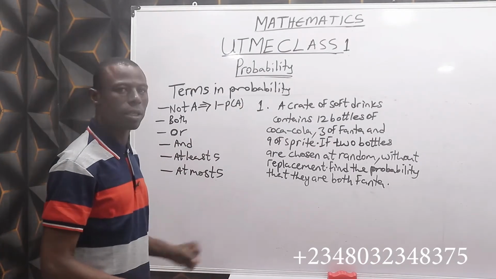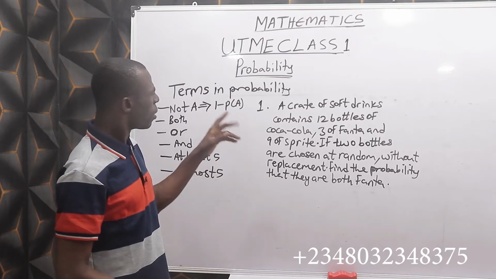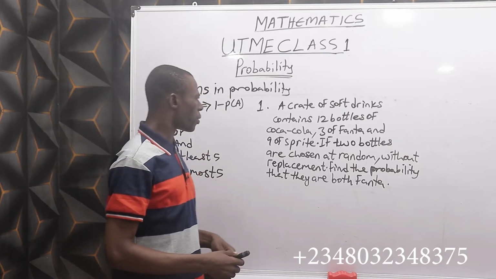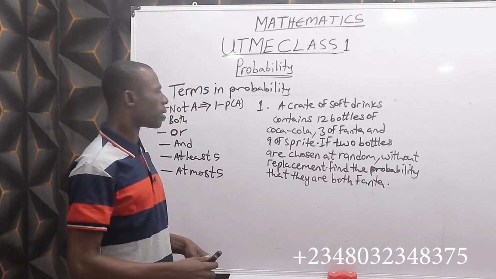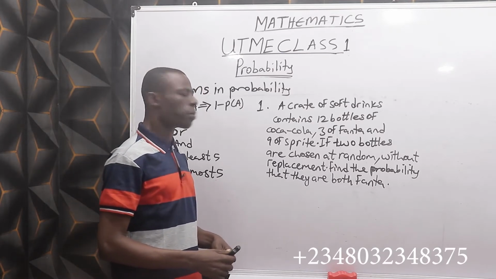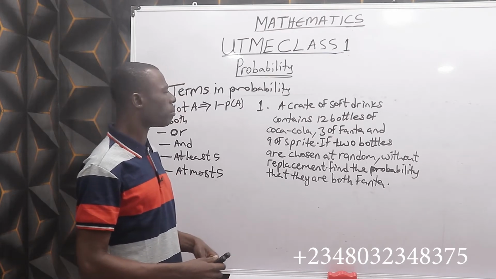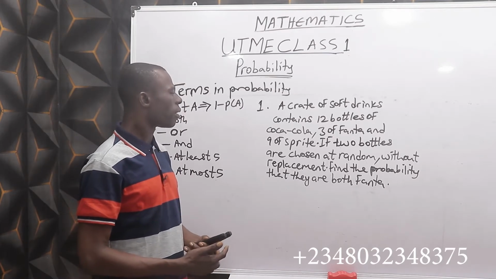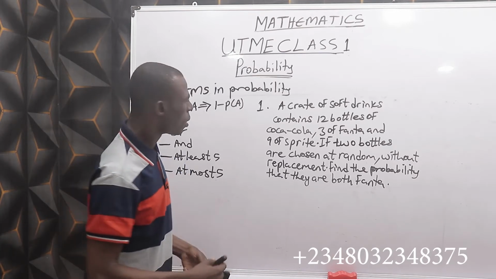So let's consider this example to substantiate what we are saying. A crate of soft drinks contains 12 bottles of Coca-Cola, 3 of Fanta, and 9 of Sprite. If 2 bottles are chosen at random without replacement, find the probability that they are both Fanta.